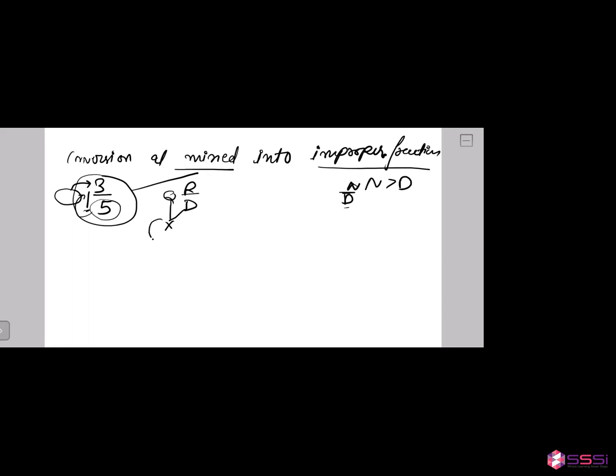Whatever the product will come after multiplying these two numbers, we're gonna add that number to this number. So D multiply with Q, that's how we write, plus R divided by D.